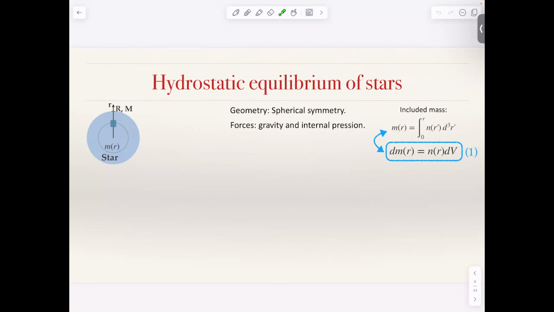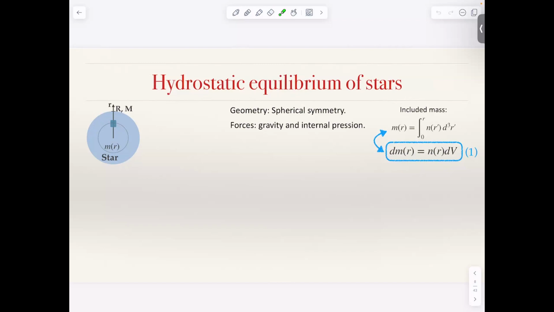All stars are spherical, so assuming spherical symmetry is a good way to start. The picture here is somehow the picture of a star. You have the center, and you have the radial coordinate of the star.